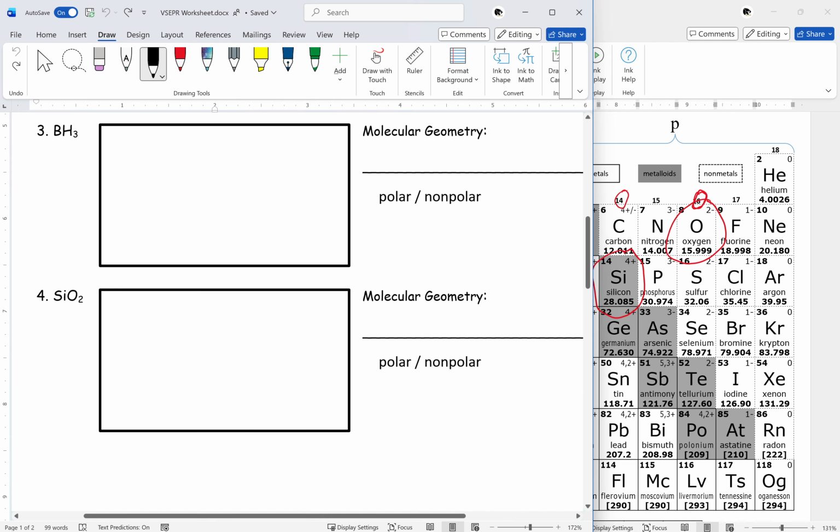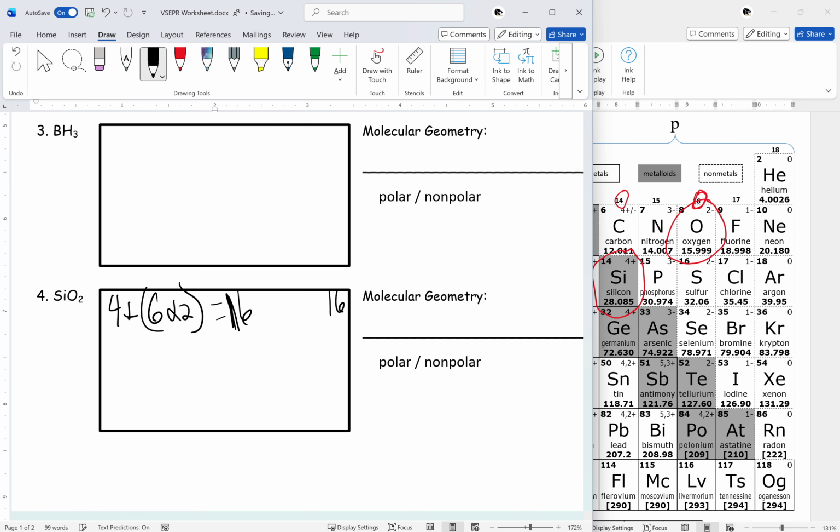So silicon will have 4 valence electrons, and then oxygen will have 6, and there's 2 of them. So 12 plus 4 equals 16. So 16 is my magic number that I need to make sure I get to as I draw these dots.